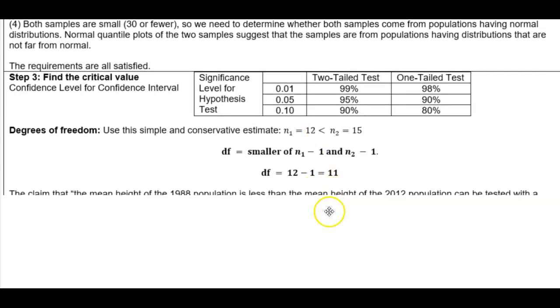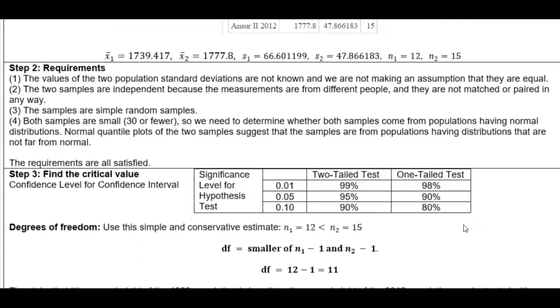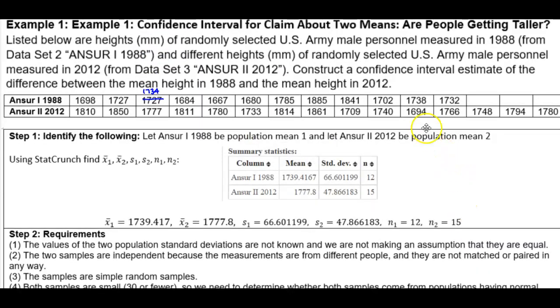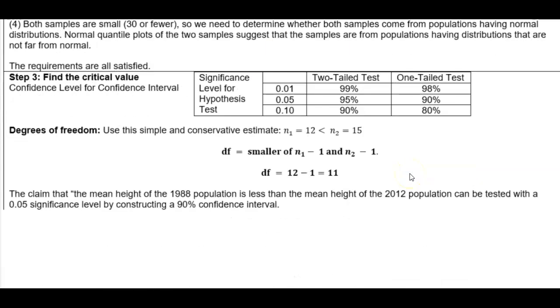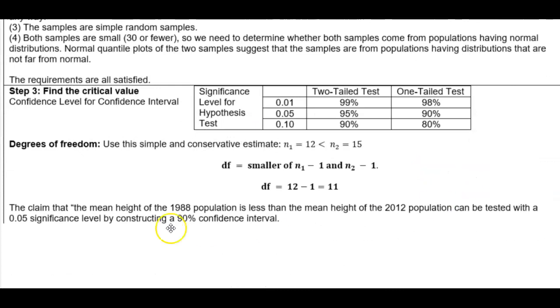Okay, now the claim that the mean height of the 1988 population is less than the mean height of the 2012 population can be tested with a 0.05 significance level. Again, we're constructing a confidence interval, and since we are looking at a 0.05 significance level, we're going to construct a 90% confidence interval.